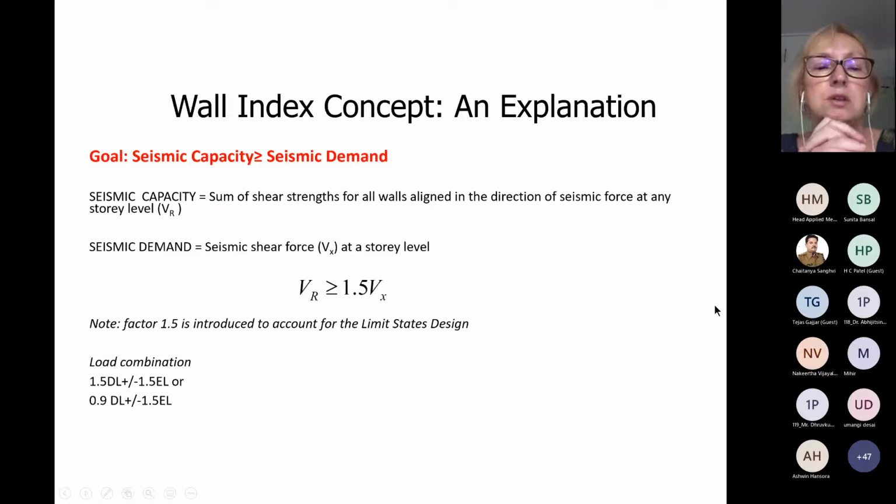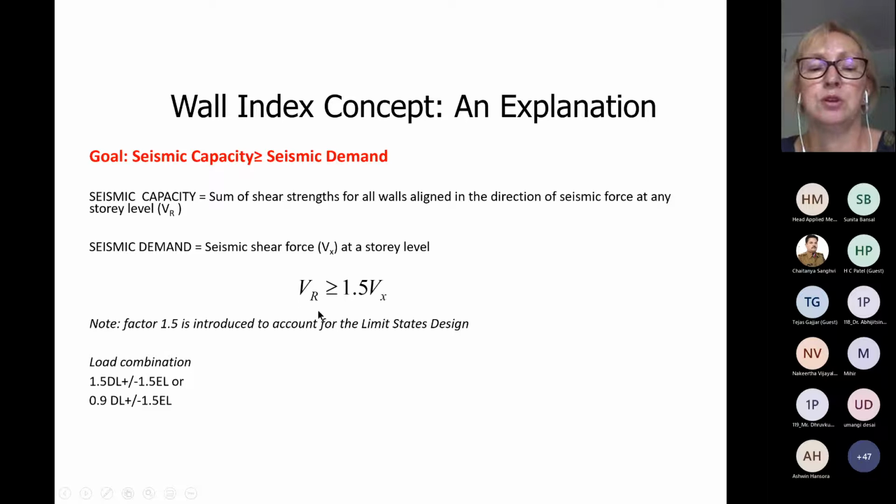The whole concept of the wall index comes from the comparison of seismic limit states analysis. As I mentioned in the previous lecture, in all lectures, any calculations will be based on limit states analysis, so ultimate limit states or design. So we are comparing in this equation: VR means the seismic shear capacity of the building, which is based on the materials used, the amount of walls, thicknesses of walls, and so on.